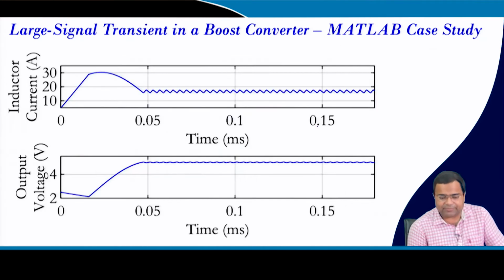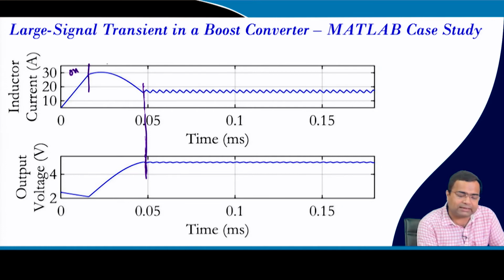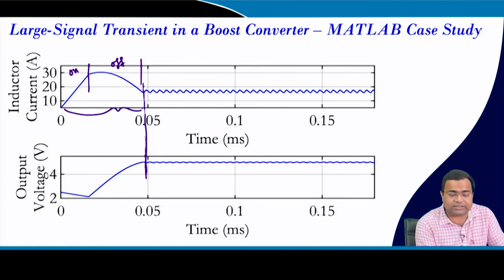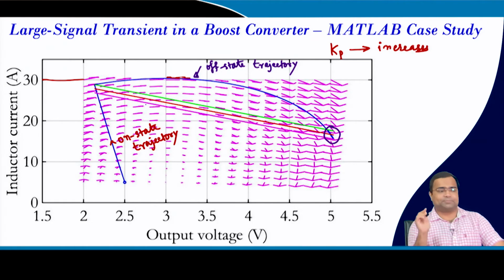That means, if you take the time domain, it comes to the steady state immediately. Here we have turn on, this is my on state and this is our off state. So, that means during this whole process your switch changes its state only once, and that is called the time optimal control. The fastest recovery is possible.